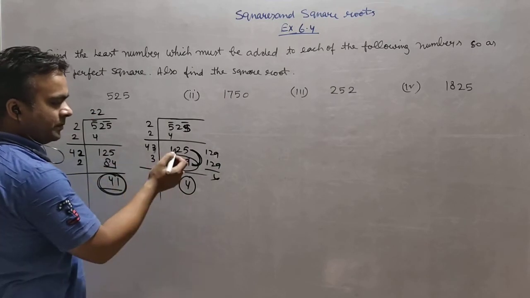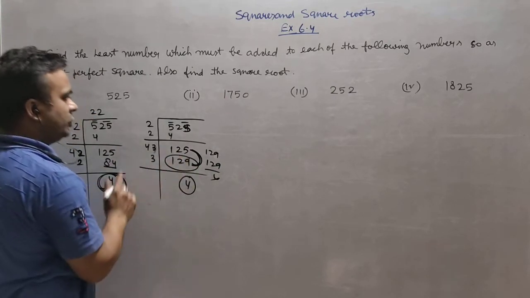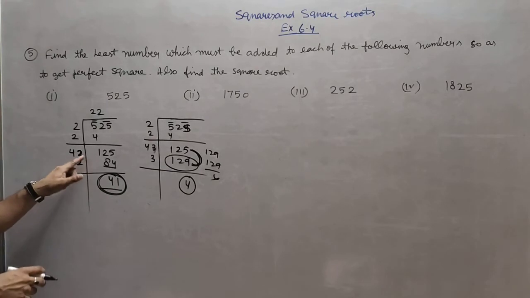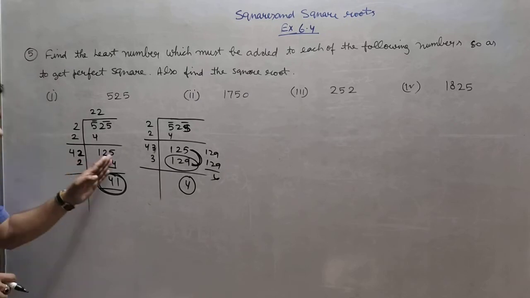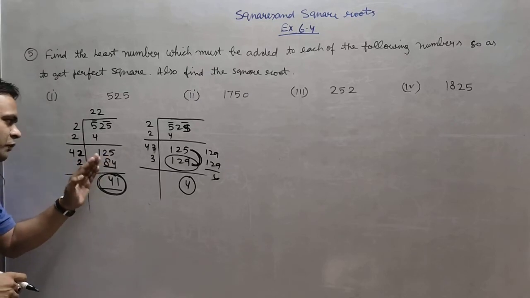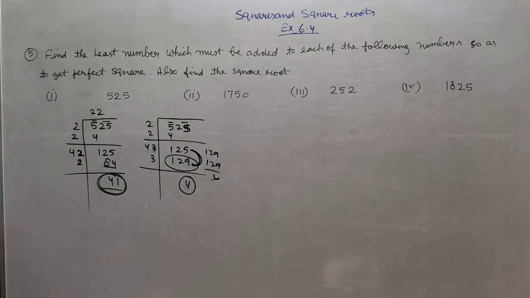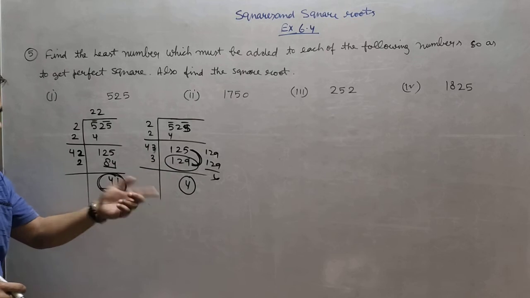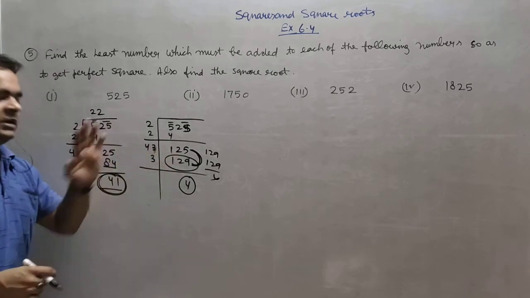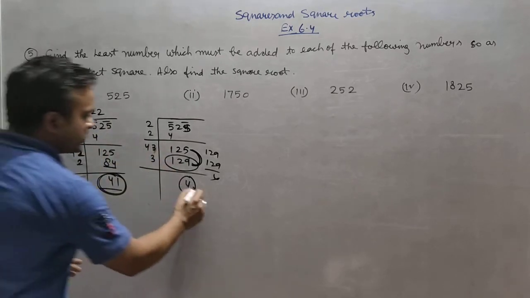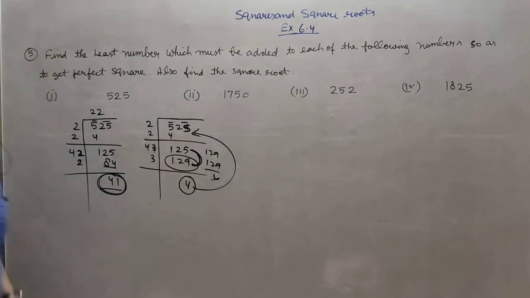So it means in these sums, we will go to the next number. We will not see the lesser number, we will see the next number after 125. If you are taking 3 here, then we are getting 129. So 129 is 4 more than 125. It means this 4 we have to add here, right?